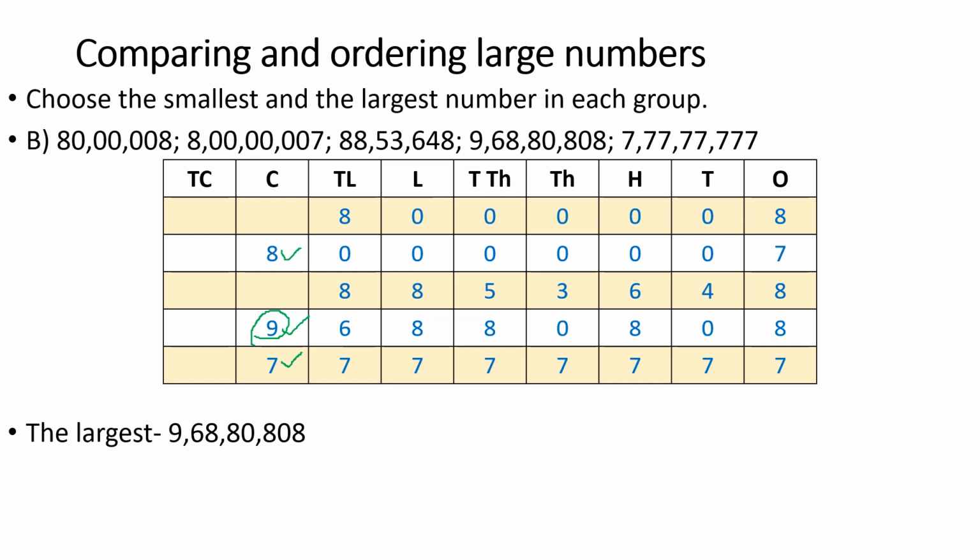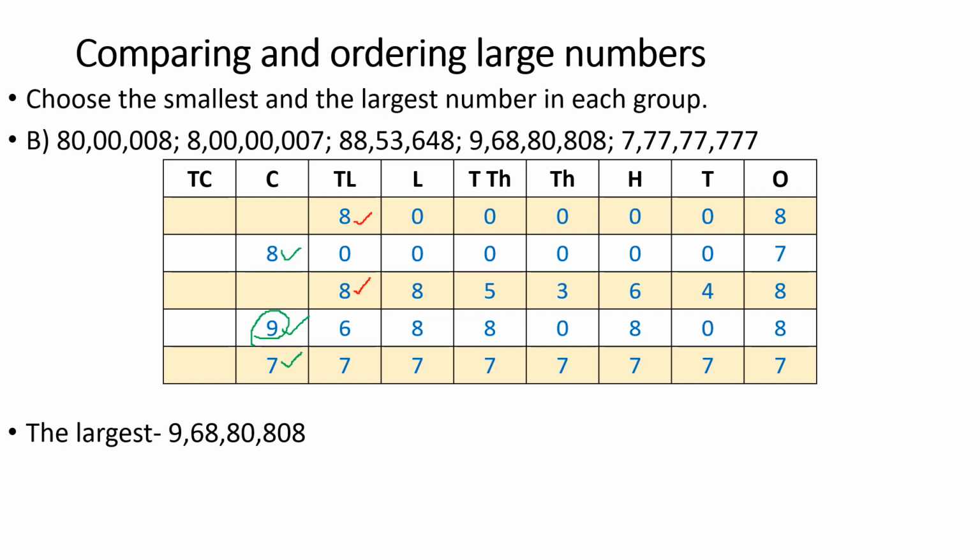Now for the smallest number, we will compare these two numbers which have fewer digits. So here the number of digits is 7 in this numeral, and in this numeral also the number of digits is 7. So among these we can see both have 8 at the 10 lakhs place.